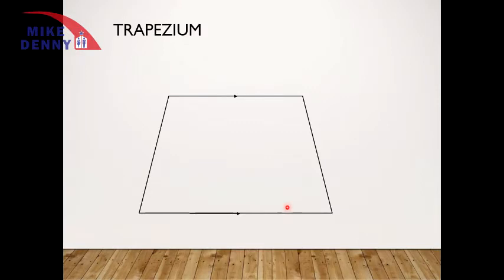And the next is what is called a trapezium. And what is a trapezium? A trapezium is a quadrilateral with one pair of parallel sides. So these are parallel sides. These other ones are not parallel.